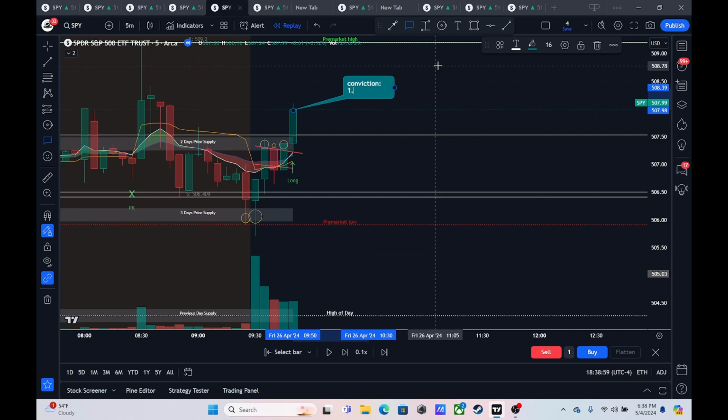So if we look at what criteria we have in our favor, well, here we have the conviction is a reversal off demand, bull flag continuation, breakout above supply, bullish engulfing candle, bullish EMA clouds, and volume validation.